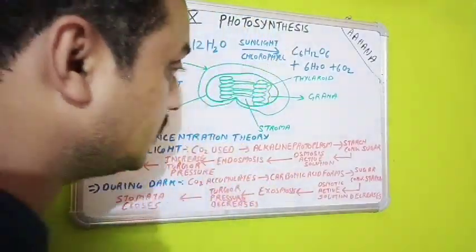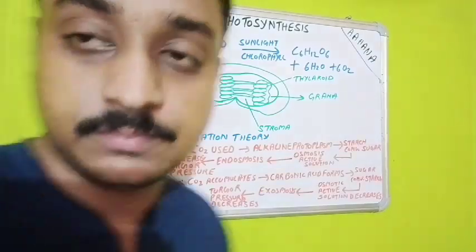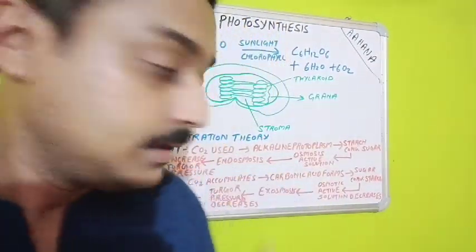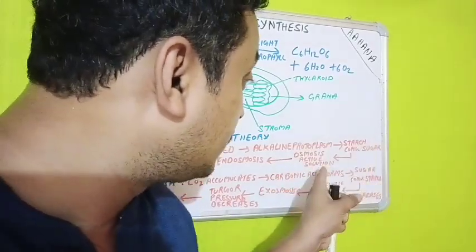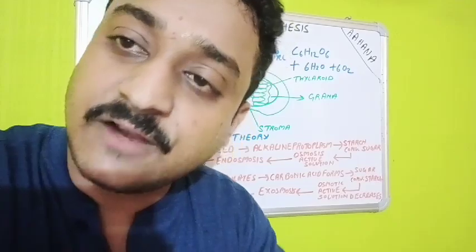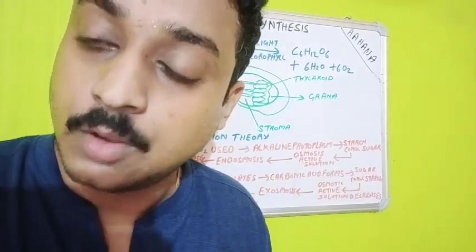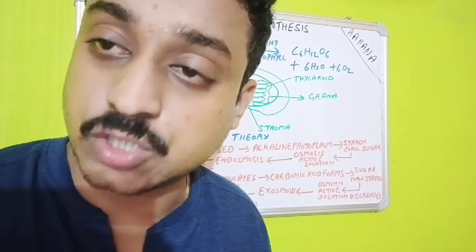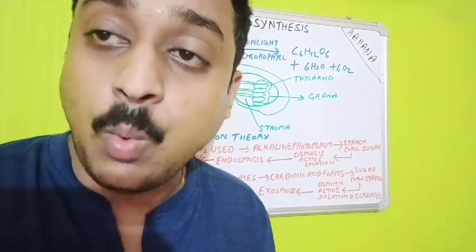Now see what happens. Osmotically active solution. Of course, here it is quite confusing, so I am clearing it up. Once the starch has converted into sugar, where? In the guard cells of the stomata. Now what happens?